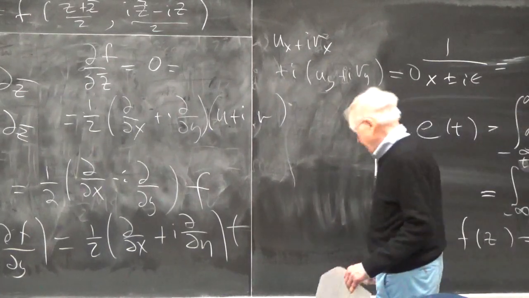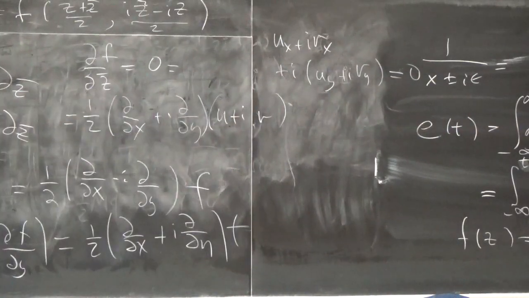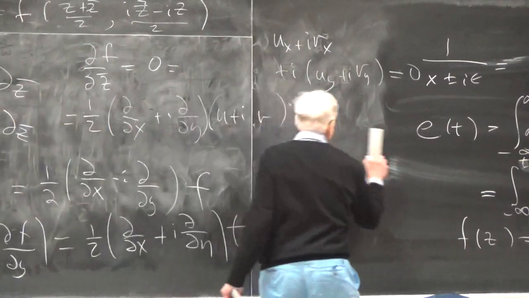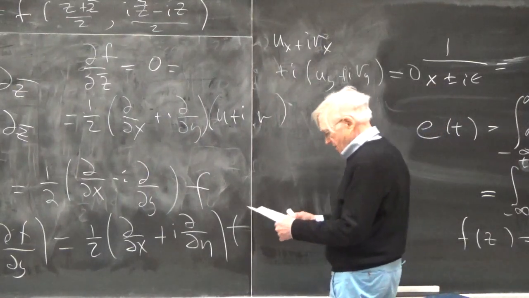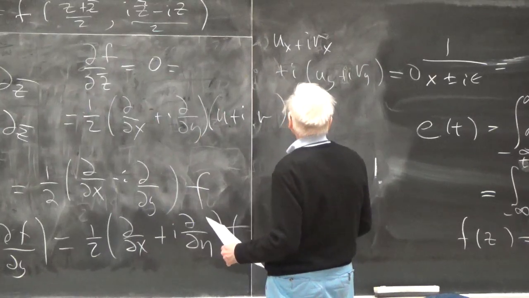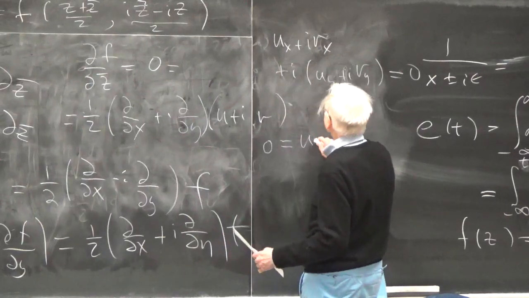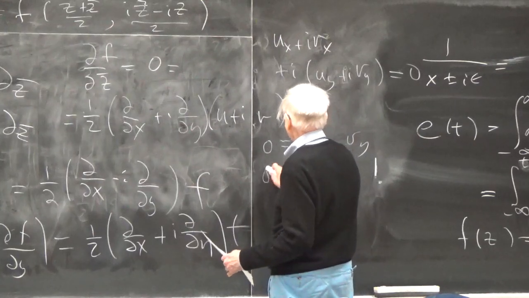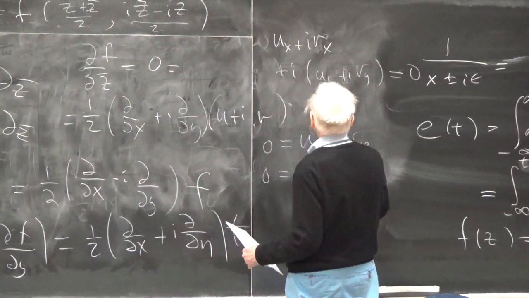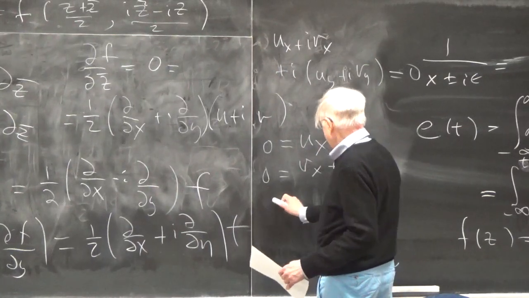And so the real part of that equation, let me get an eraser here to get rid of this. Oh my goodness, that is on very seriously. So what do we say? The real part of this equation is 0 is equal to u sub x minus v sub y, and the imaginary part equal to 0 is v sub x plus u sub y. So what do these equations tell us?